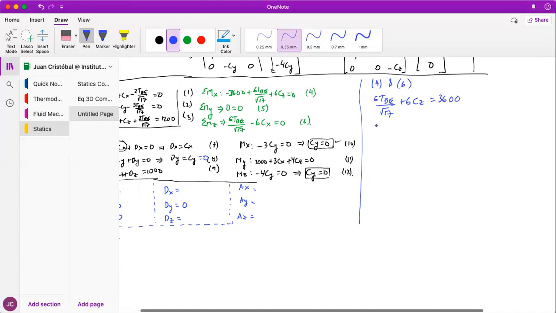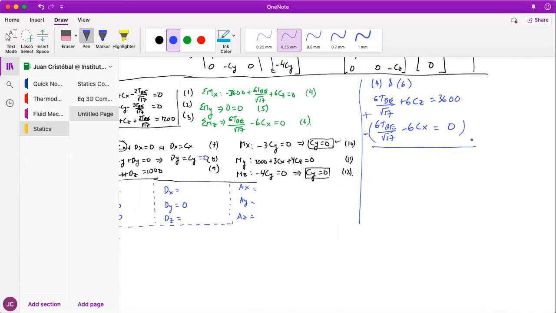And this one is 6 TVE square root of 17. Now I'm writing the 6th equation, minus 6 C6 equals to 0, according to what I see. Now I can multiply this by minus and add them up. That's what I'm gonna do. Or I just can subtract both of them.